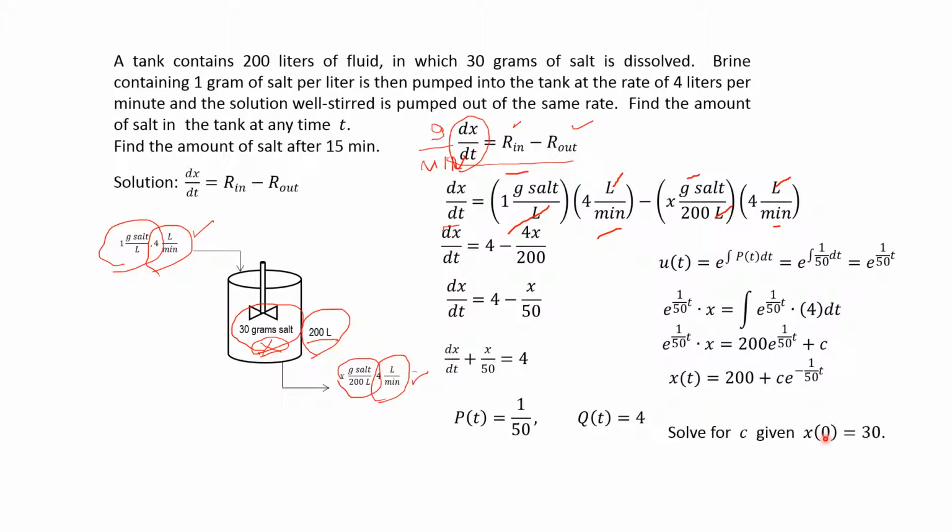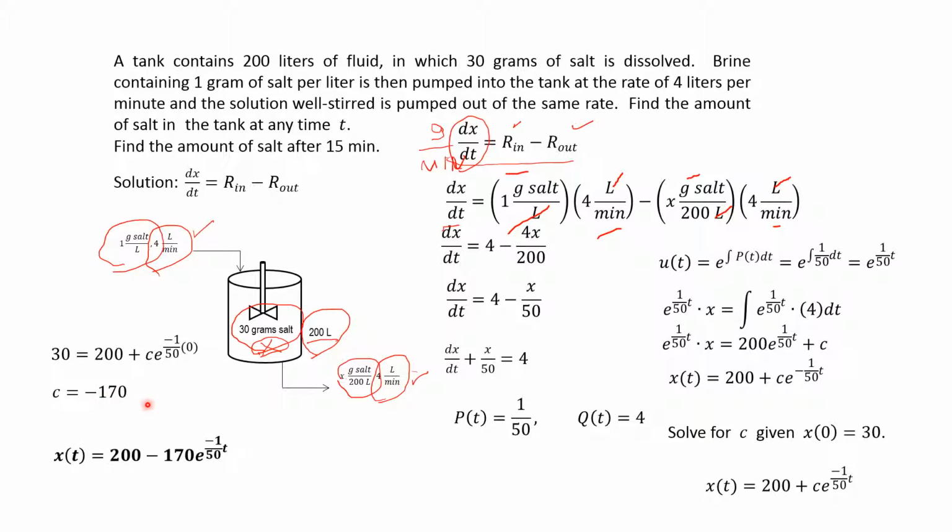Now when t is 0, x is 30. So you plug it in this equation there. You can find c. You will have 30 is 200 plus c e to the 0. Then you can get c is negative 170.